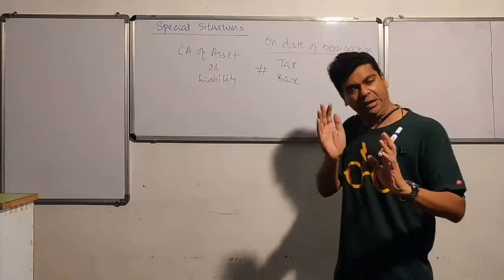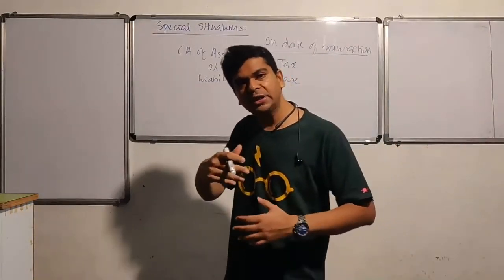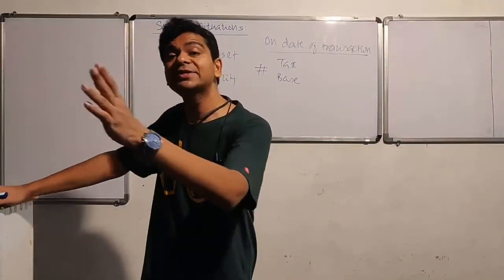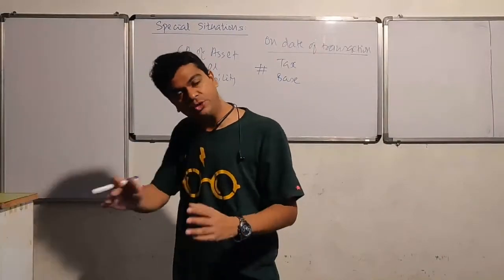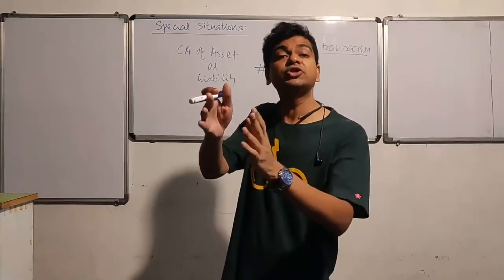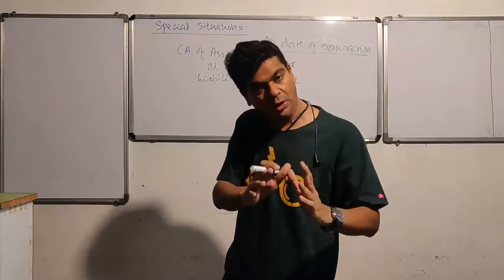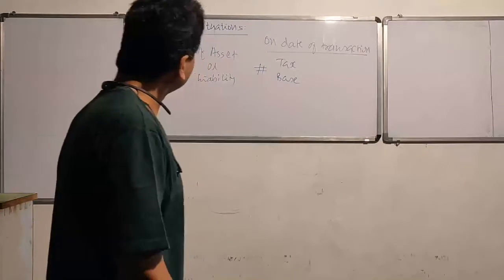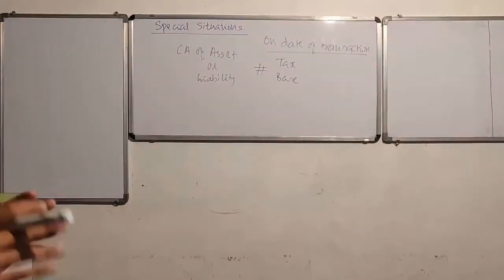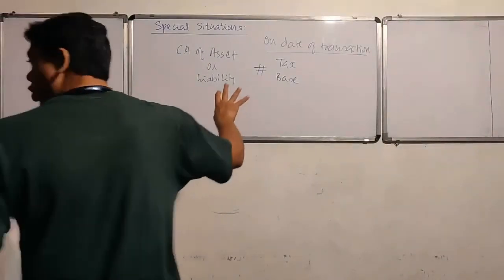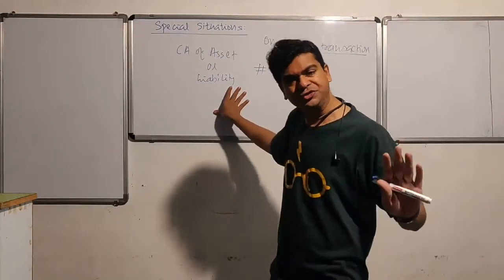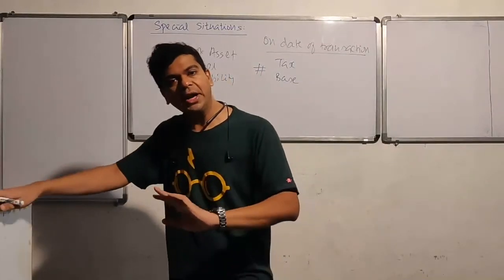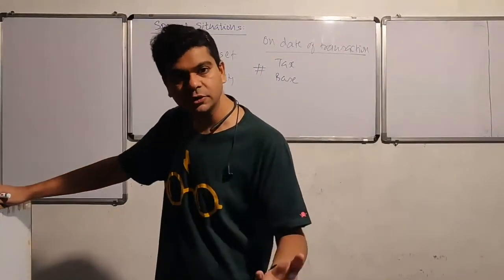Depending upon which carrying amount is higher, it will result into either a taxable temporary difference on which I should calculate deferred tax liability, or it will give rise to a deductible temporary difference on which I should recognize deferred tax asset. But the special situation is that if this transaction is not a part of business combination, that's one thing, and if it does not have any tax implications, then do not recognize any deferred taxes.